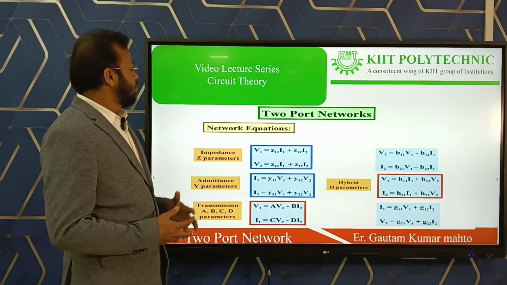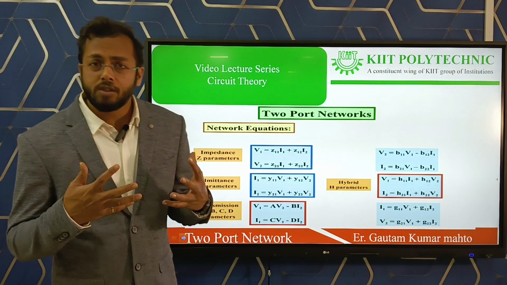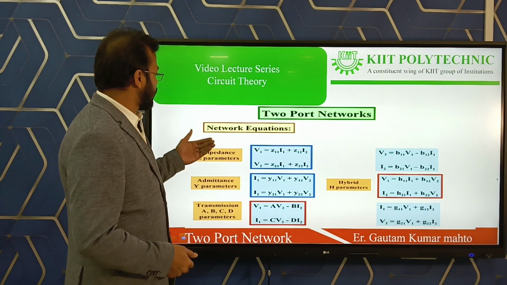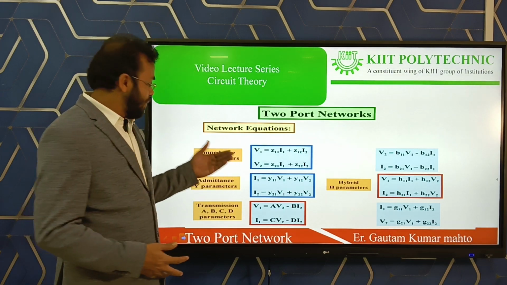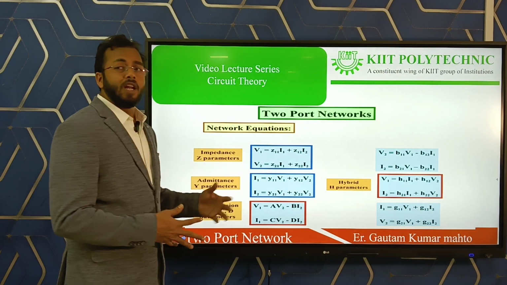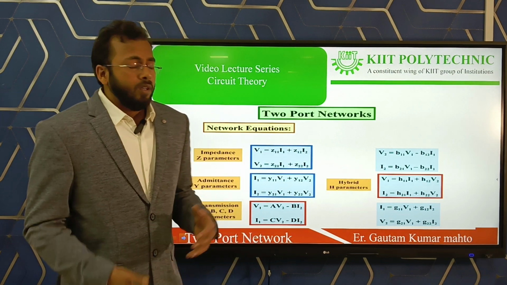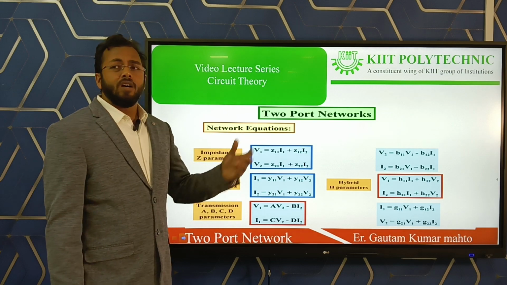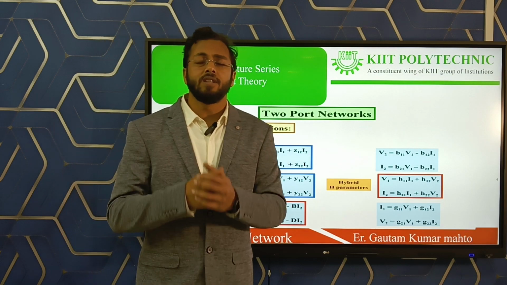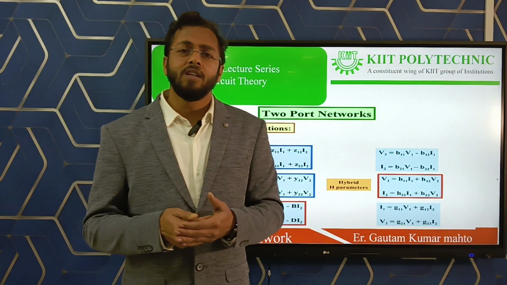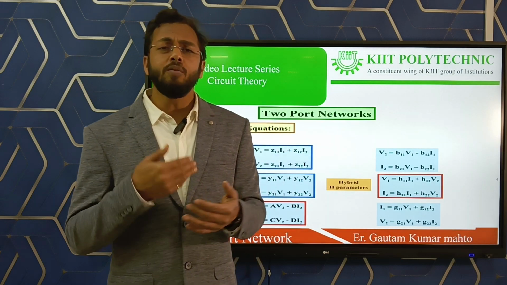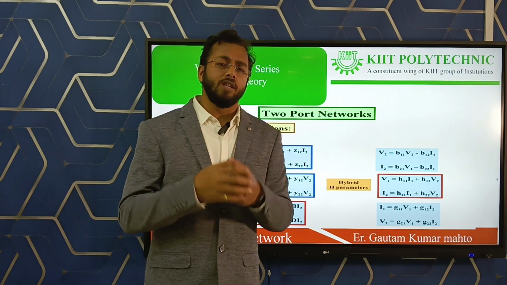Now, in this topic we are going to discuss the impedance parameters, admittance parameters, ABCD, that is the transmission parameters, and the hybrid parameters. How are we going to represent the different variables like the input voltage, input current, output voltage, and output current?